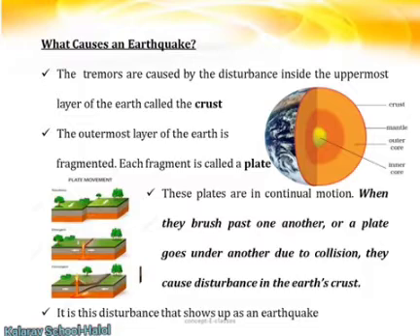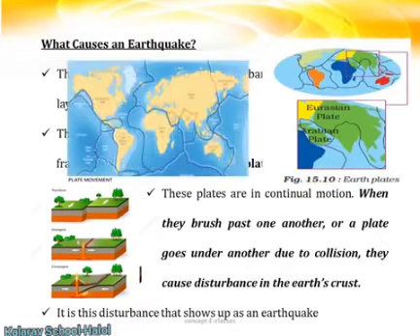That is, when one plate comes near another plate, they either collide with each other or they brush past each other, and because of this collision or brushing, it causes disturbance in the earth's crust, and it is this disturbance that shows up as an earthquake. These are the earth plates that can be observed in the whole world.